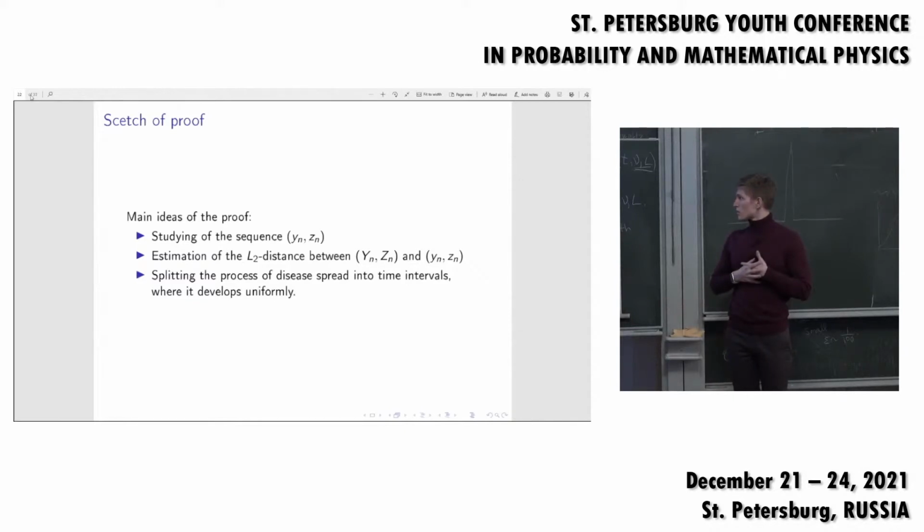Then we will try to estimate the L2 distance between the deterministic sequence and the stochastic sequence. And then, according to the first part, we can split our process into some parts where it develops uniformly.